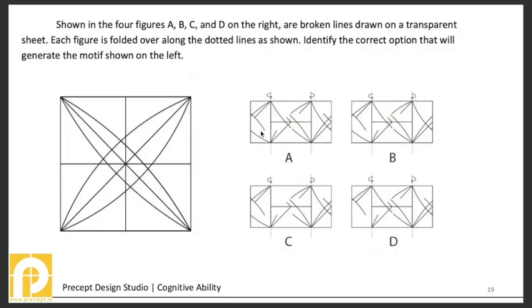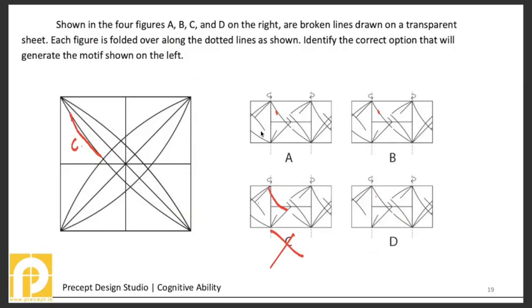There will be an arch which should be formed here, which completes this part, which is missing in option C. So C is wrong because of that.